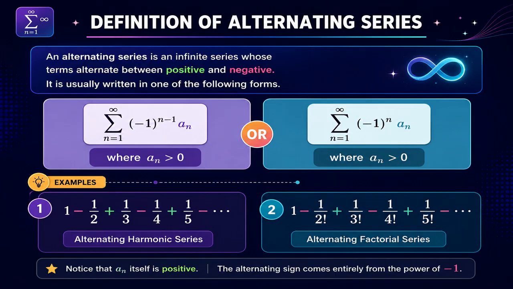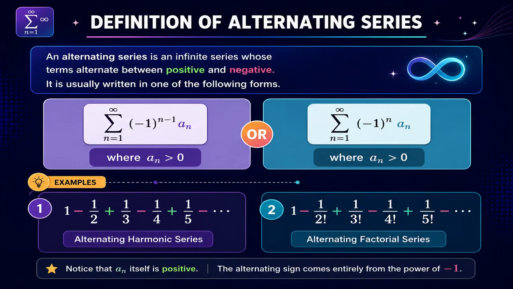Written out, it looks like this: 1 minus 1/2 plus 1/3 minus 1/4 plus 1/5 minus, and so on. Alternating series are extremely important because these shifting signs can completely change how a series behaves.